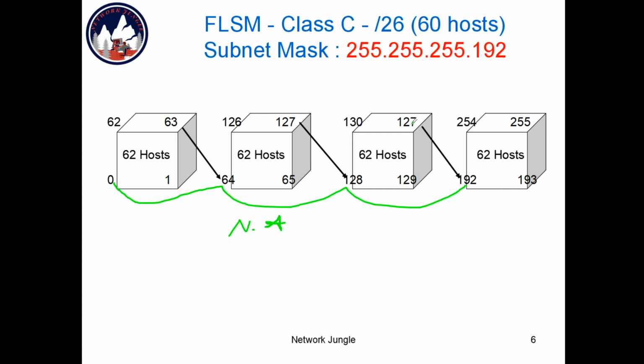Likewise before 192 the last value is 191. Then 255. So 63, 127, 191, then 255 are the broadcast addresses. Like this, 1 to 62, then 65 to 126, then 129 to 190, then 193 to 254. This is the valid IP address range for the host machines.